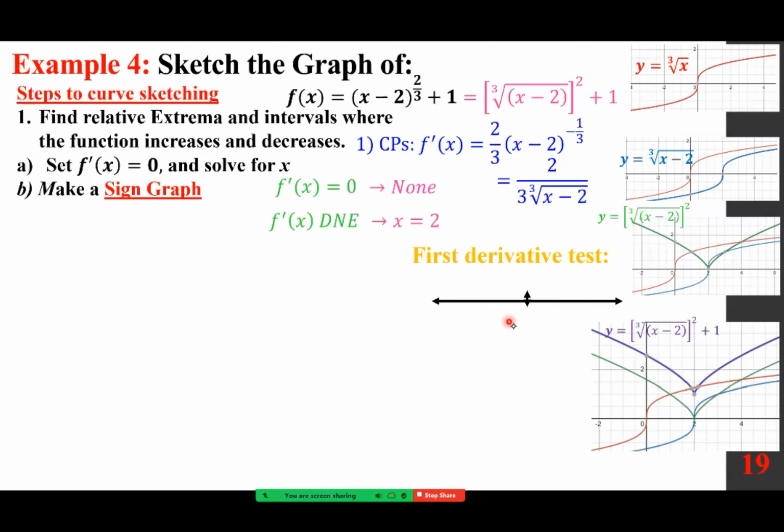So we are going to do the sign graph for the first derivative test. From negative infinity to positive infinity, at x equals 2, f prime does not exist. To the left of 2, we can use 0, which is even easier, and to the right of 2, we can use 3.